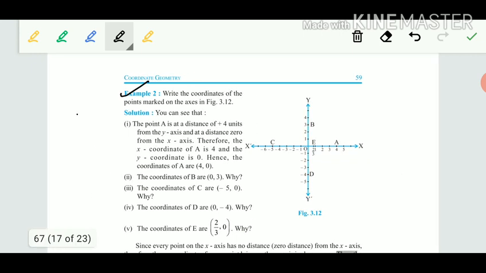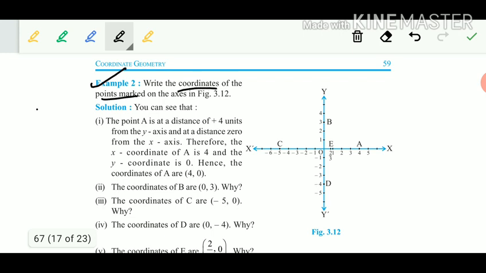Question is, find the coordinates of the point. First point, take A. A point is lying on the x-axis, so its y value is equal to 0. Any point on the x-axis, its y value is 0. Any point on the y-axis, its x value is 0.